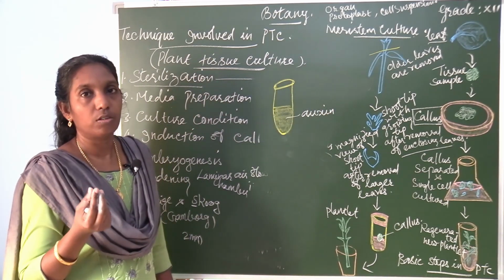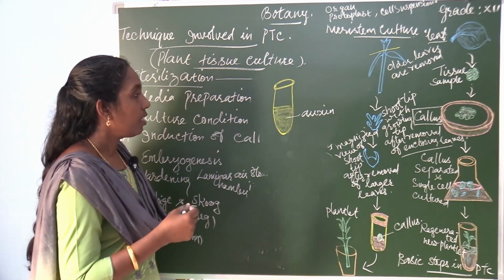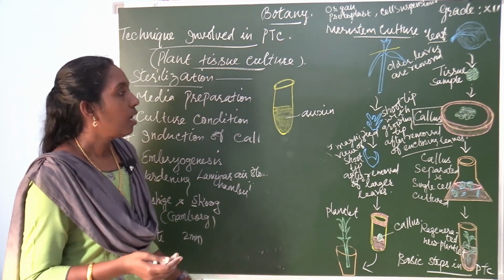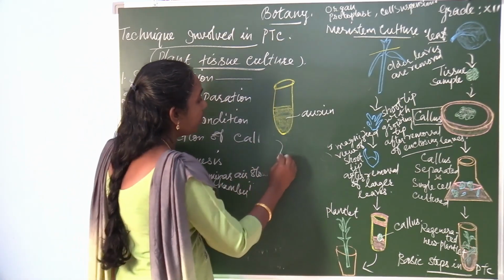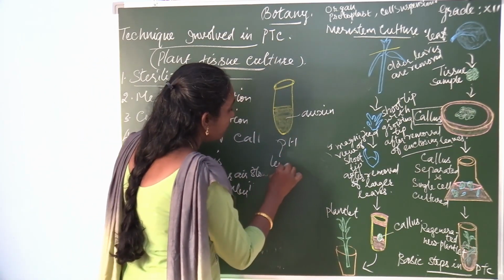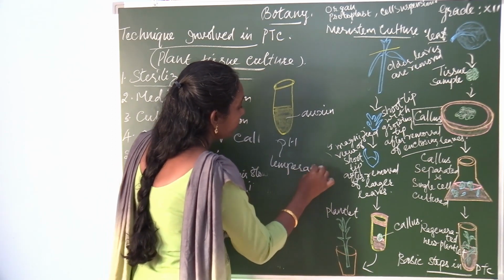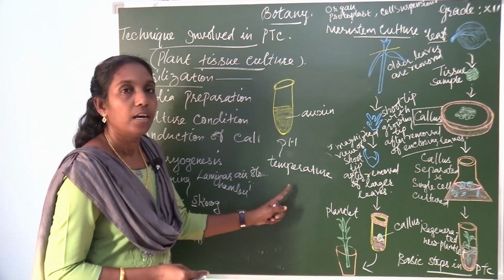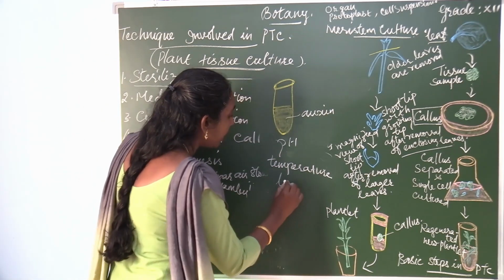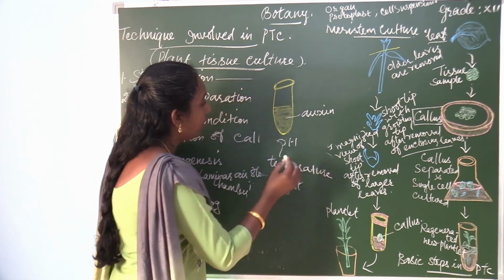Auxin is the growth promoter. So, auxin and plant growth regulators. This nutrient medium must be maintained for pH, temperature and light intensity, everything.